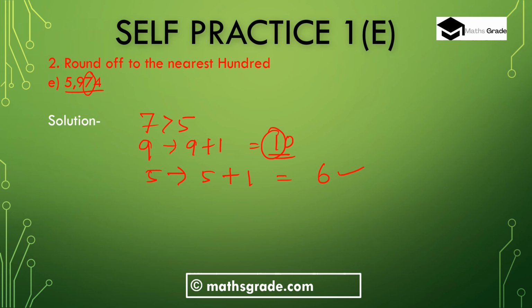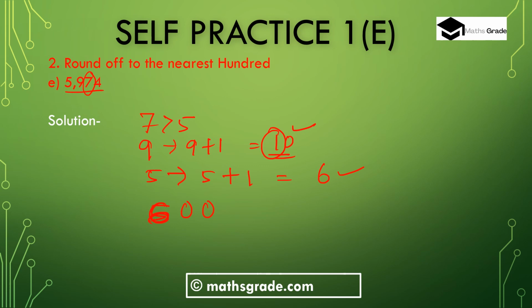And just write down 0, and write down the tens place digit and unit place digit. In the tens place digit 0 and unit place digit 0. So 5974 rounded up to the nearest 100: the 5 in the 1000 place changes to 5 plus 1, 6, the 9 becomes 0, and 7 changes to 0.